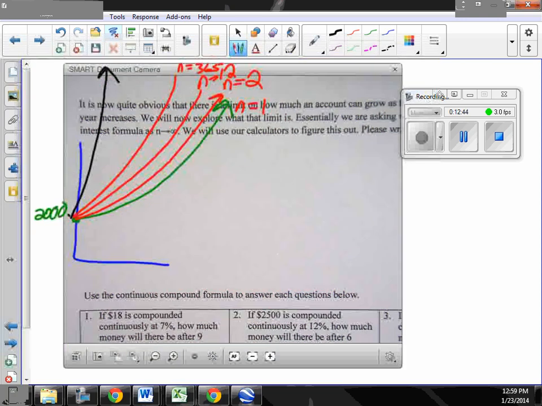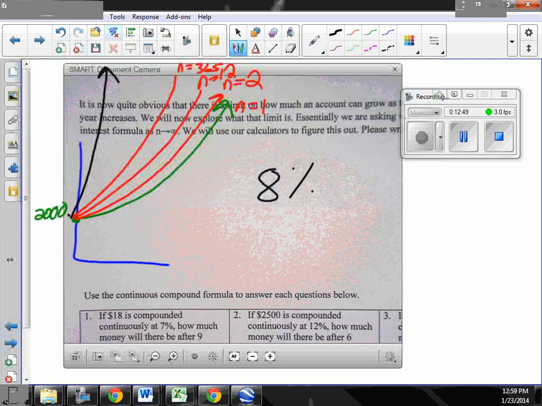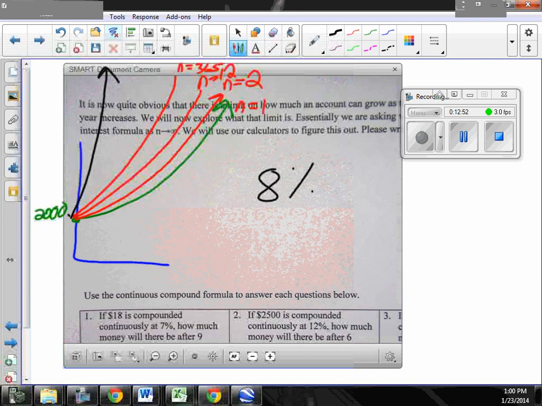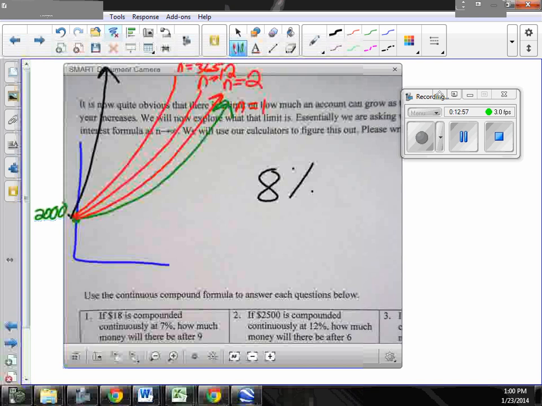The interest rate. So this interest rate is 8%. There is a limit on how fast an 8% equation can grow. So there is some curve that is higher than all other curves dealing with 8%. Does that make sense? And really, all 8% curves look sort of the same.